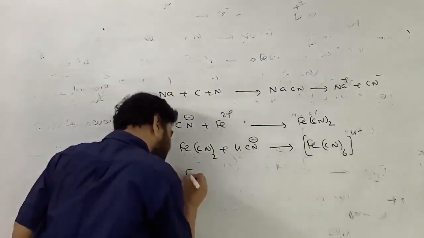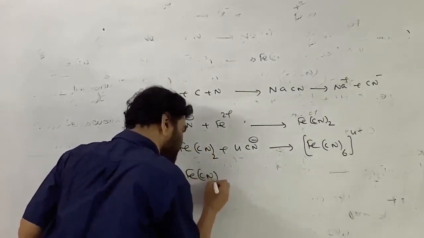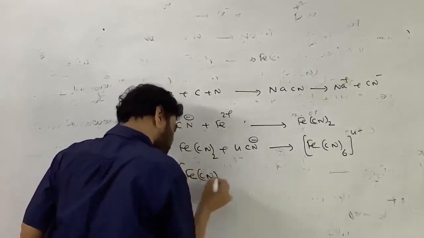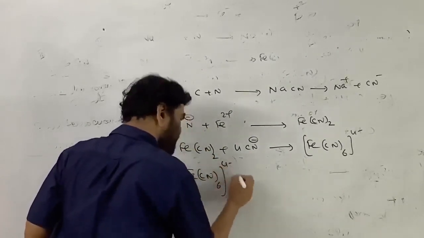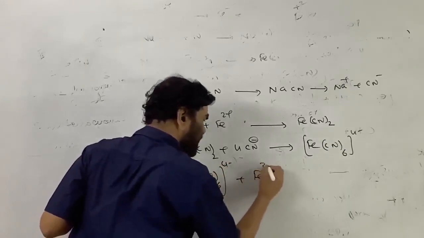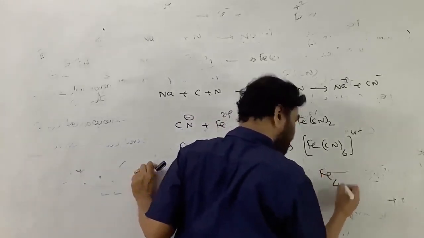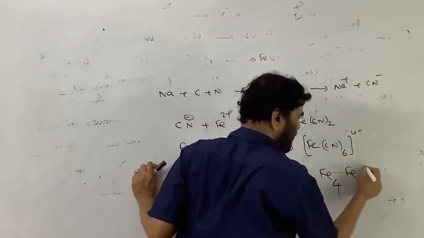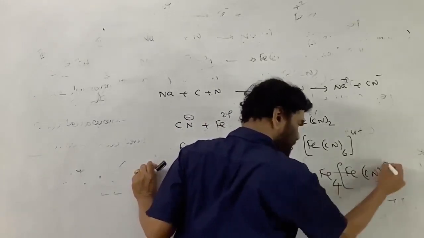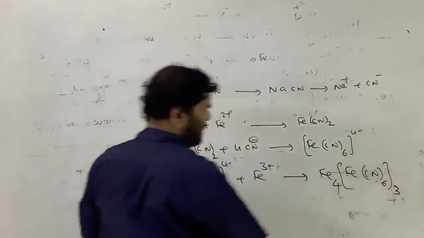The ferrocyanide ion formed after the addition of ferrous sulfate reacts with the ferric ion to give Fe4[Fe(CN)6]3.